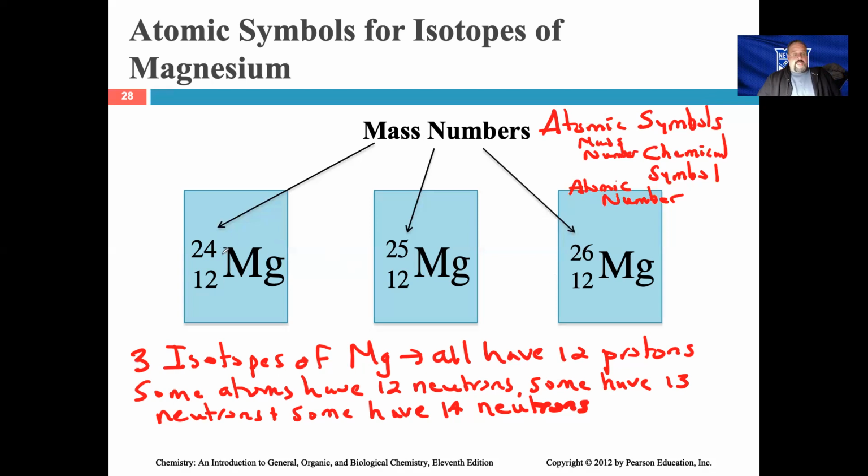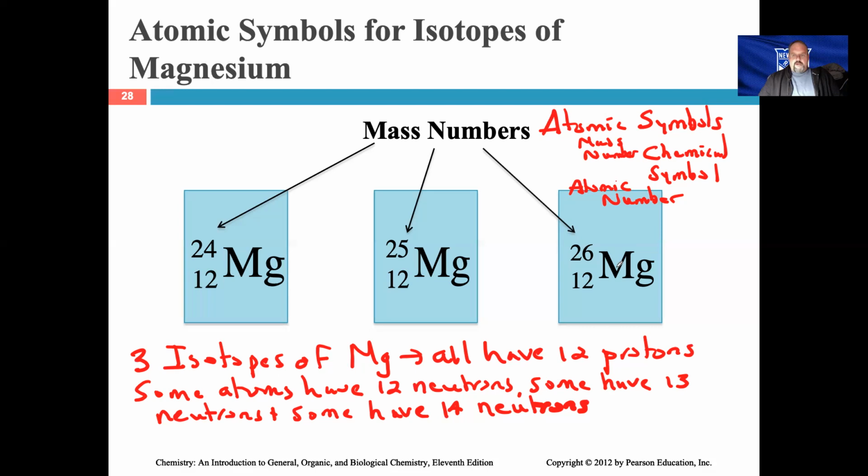The first one here has a mass number of 24. This is the one that has 12 protons and 12 neutrons. Remember, the mass number is the number of protons plus neutrons. 12 plus 12 is 24. This one in the middle here would be the one that has 13 neutrons. 12 plus 13 is 25.